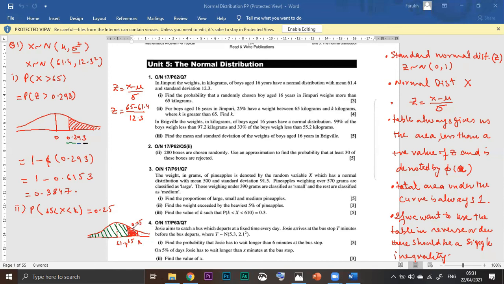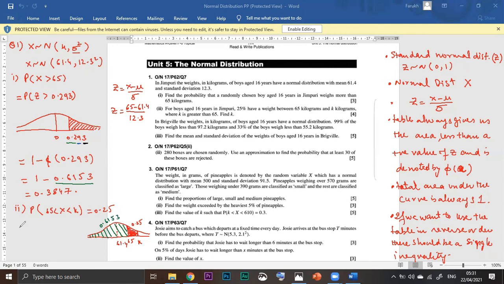Then the area less than 65 is 0.6153. We will have to collect the information from the previous part. So this area is 0.6153.